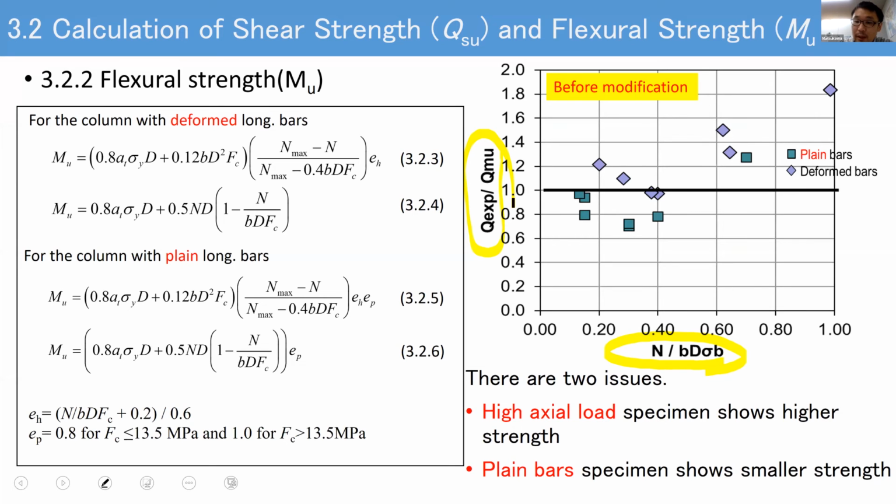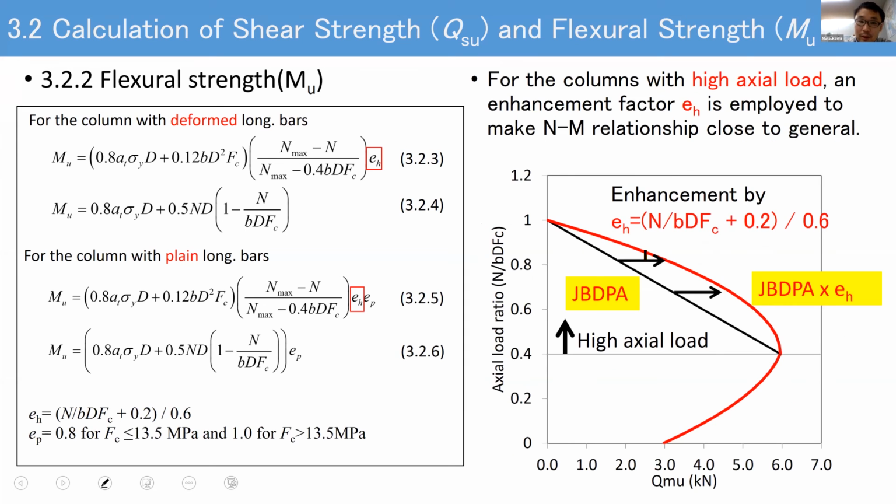In high axial load specimens, many specimens are going higher. And another issue is plain bar specimens tend to show smaller strengths. These are the issues to be resolved. So we have modified to solve these issues.